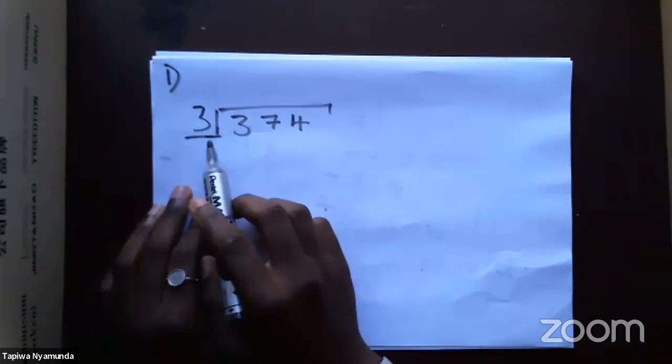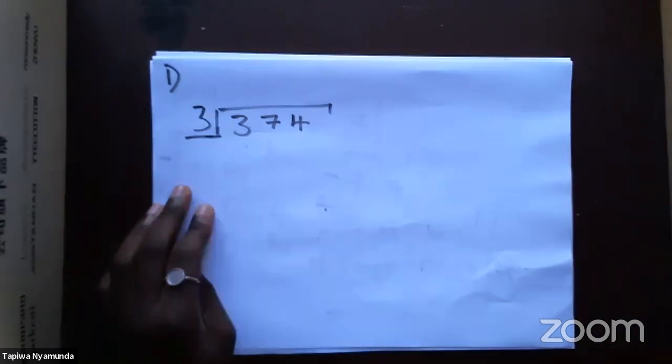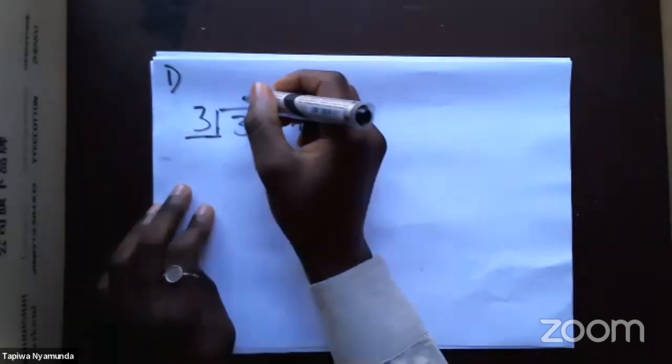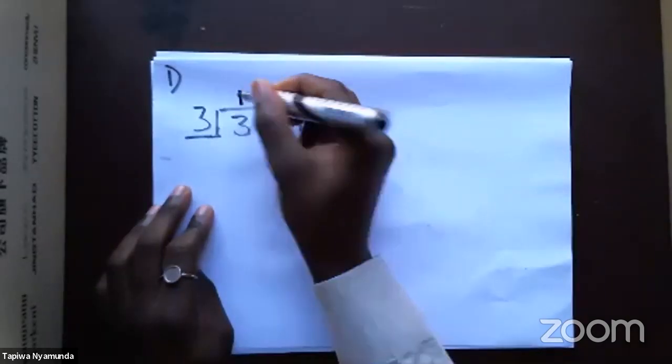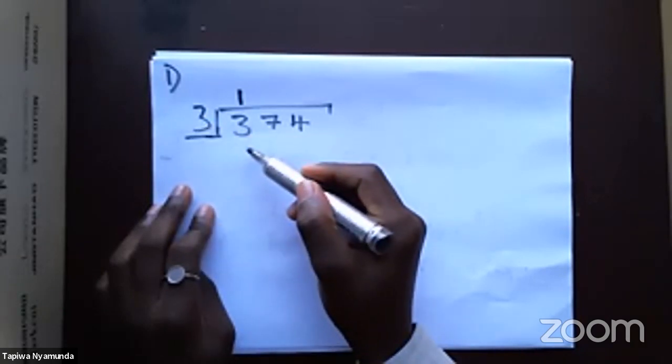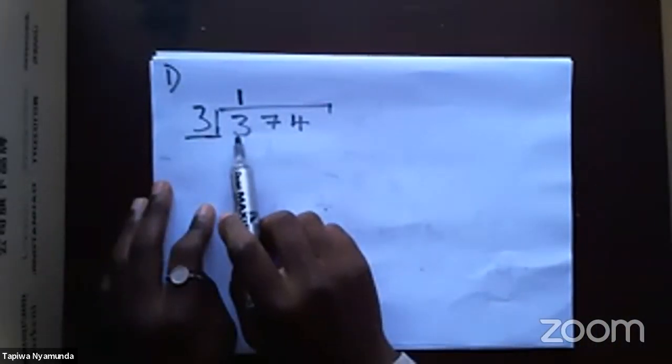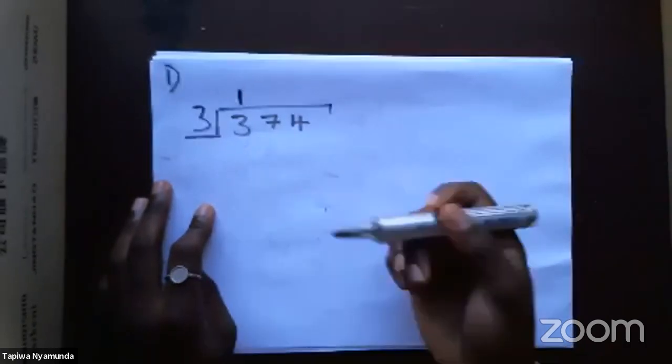We want to find 3 into this. When we say 3 into 3, we'll get a 1. So I'm going to write a 1 here, because we only write the whole number that we get when we divide. We don't write the remainder.